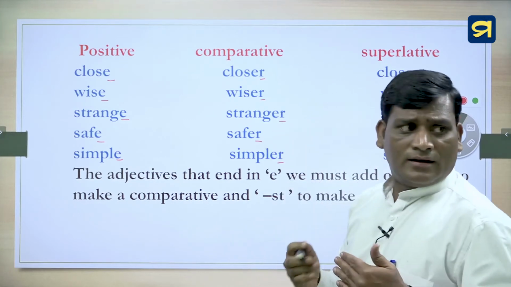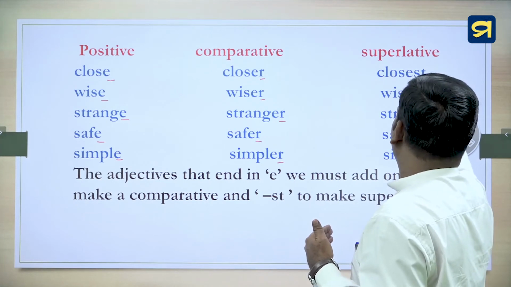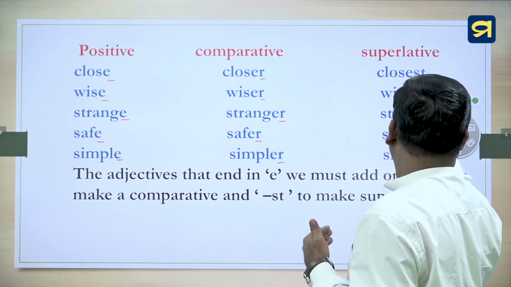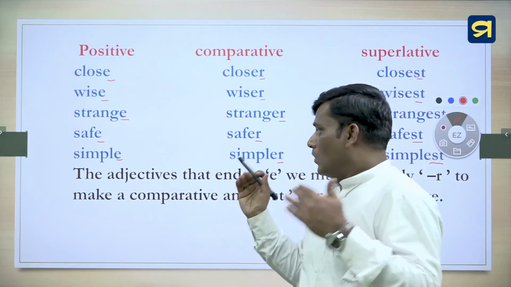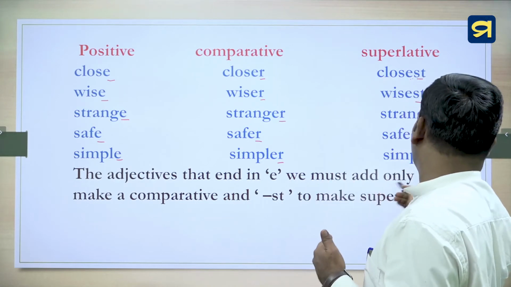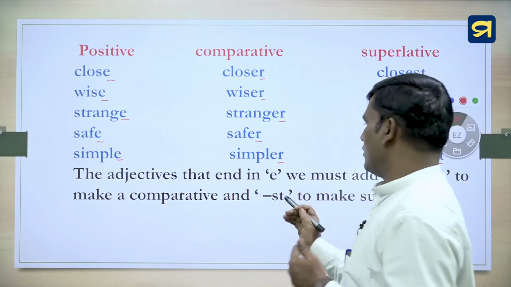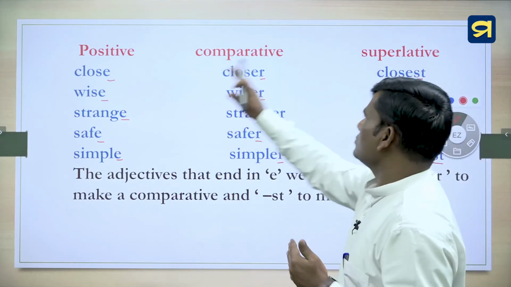Similarly, for the superlative degree, ST is added. The adjectives that end in E, add only R to make the comparative degree and ST to make the superlative degree. Close, closer, closest.